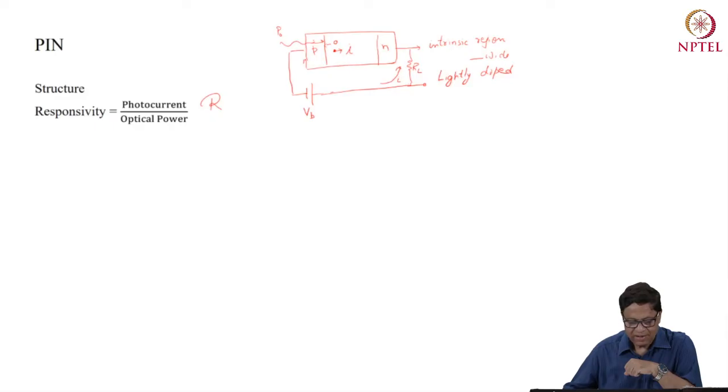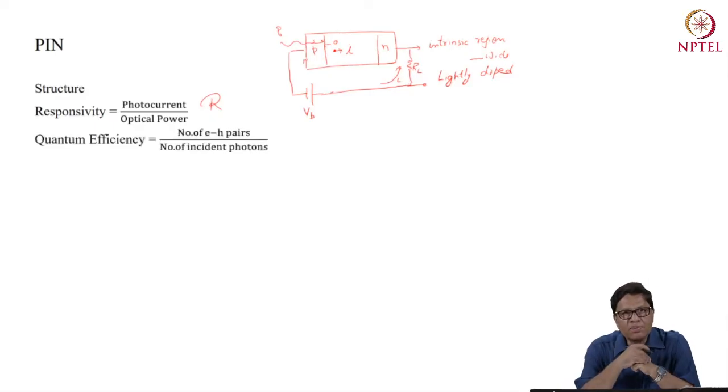The other quantity which is important is quantum efficiency. When a photon strikes the PIN junction, electron hole pairs are generated. It is not necessary that all photons will generate electron hole pairs. There may be some recombination, or they may be lost.